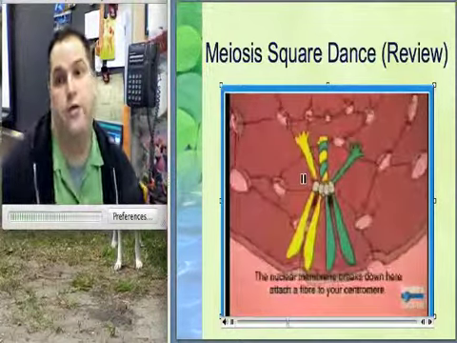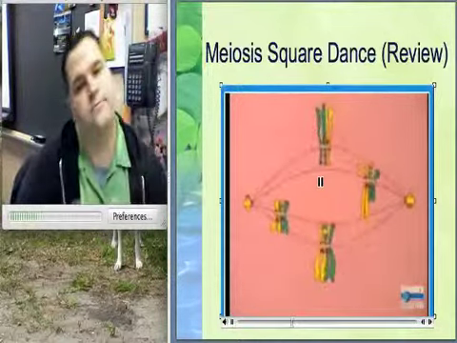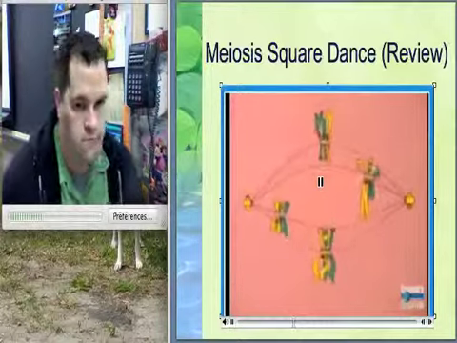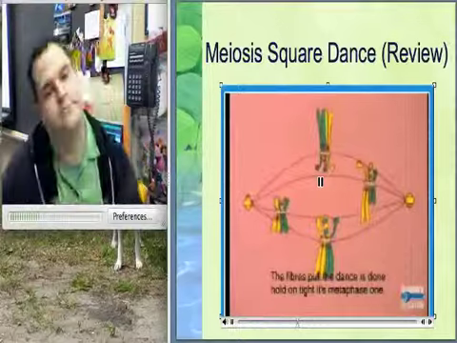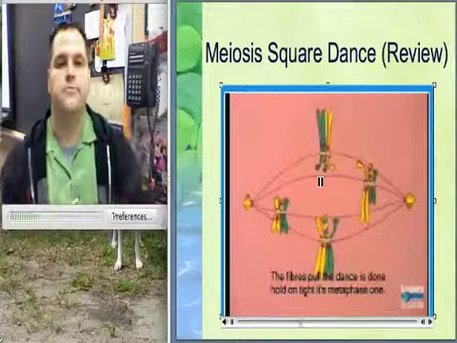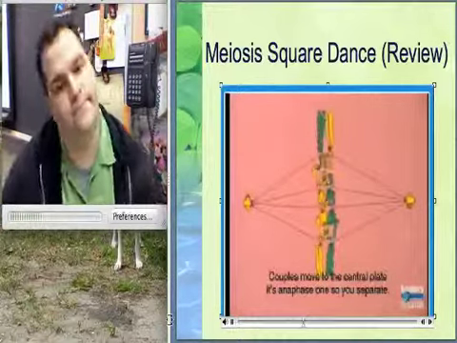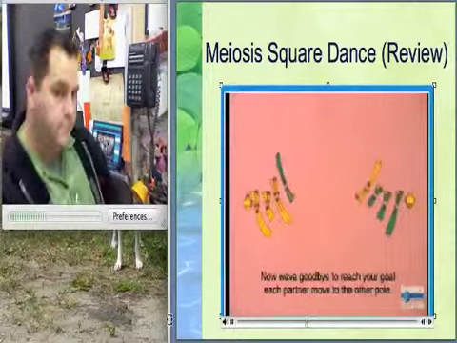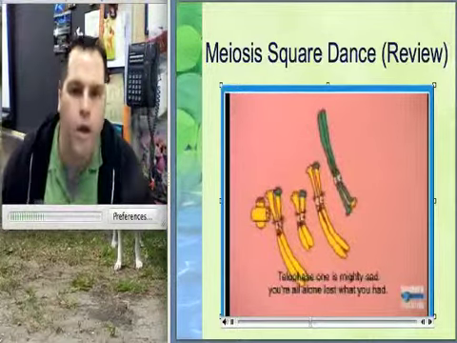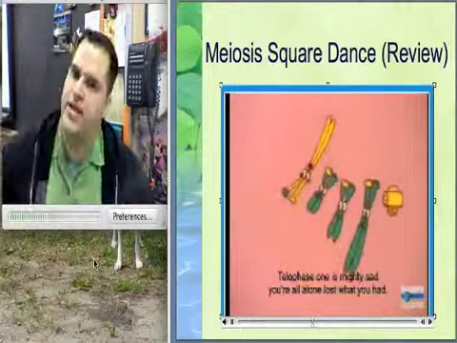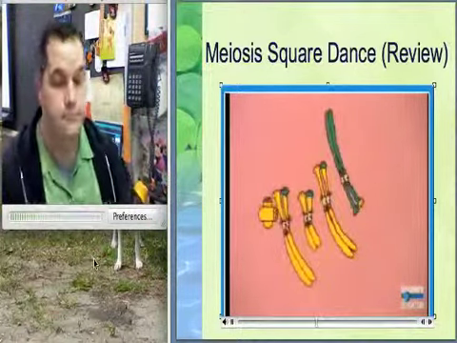Uh-oh, they're crossing over. Ooh, looks like they're randomly assorting. How cool. So we got some yellow over there, we got some green over here. That looks independently assorted to me.